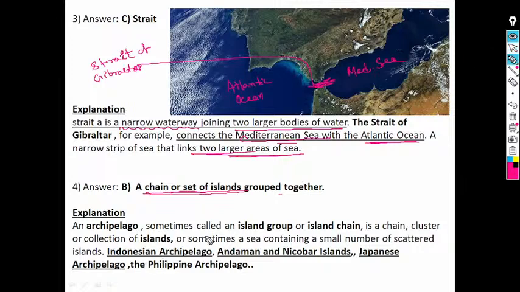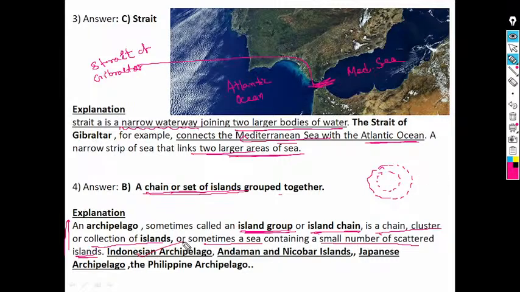An archipelago, sometimes called an island group or island chain, is a chain or cluster or collection of islands, or sometimes a sea containing a small number of scattered islands, particularly.